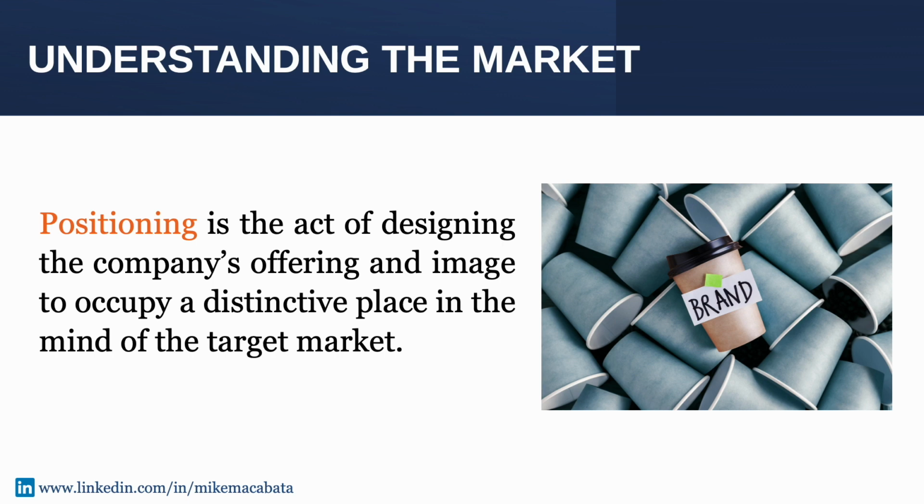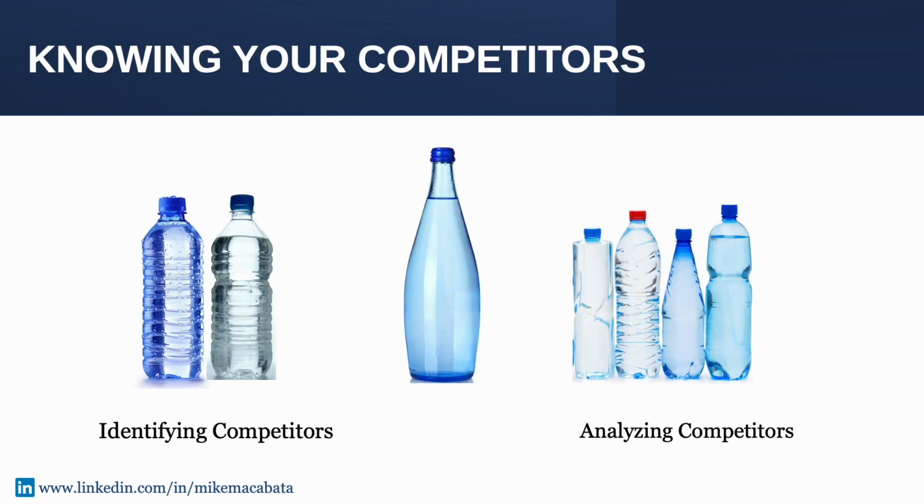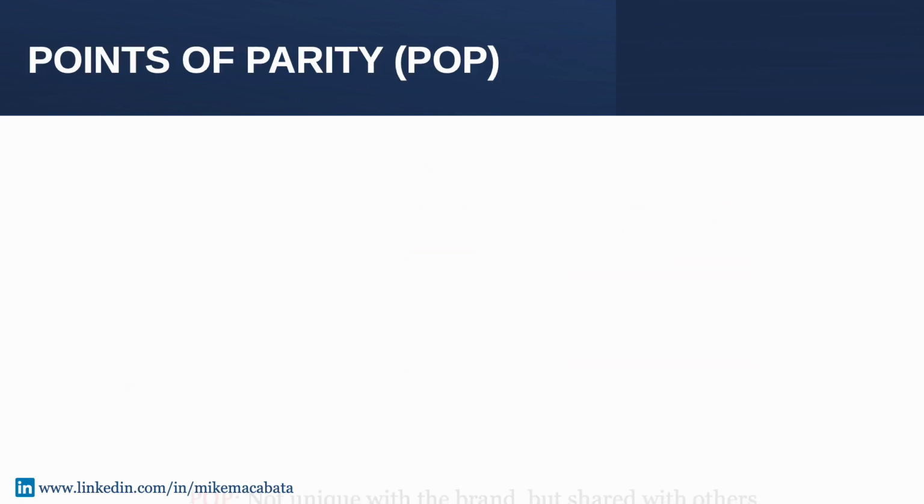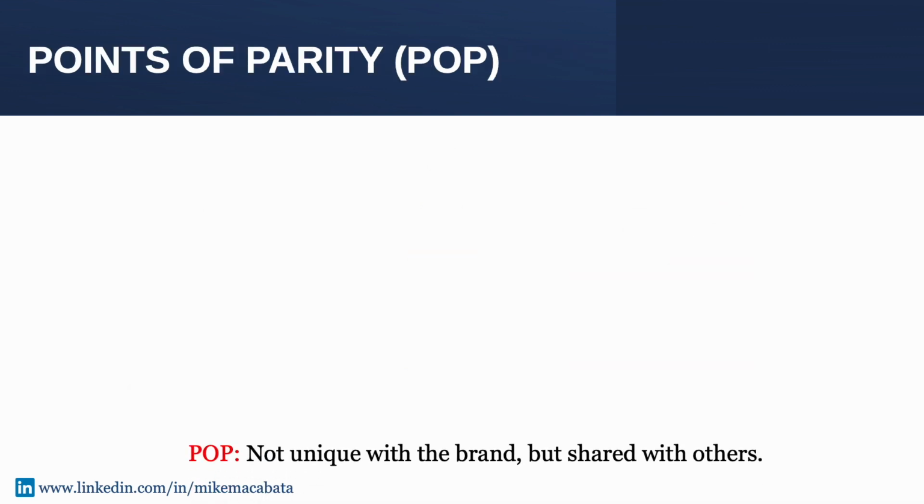But still, you need to size up your competitors. You need to have a frame of reference to determine the category to which your product belongs or compete with, or can even serve as a substitute. There are products and services whose attributes or benefits are not necessarily unique to the brand and in fact shared by others. These are what we call points of parity or POP.